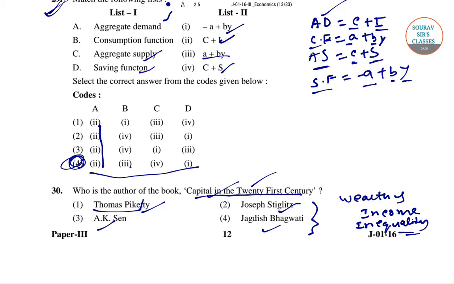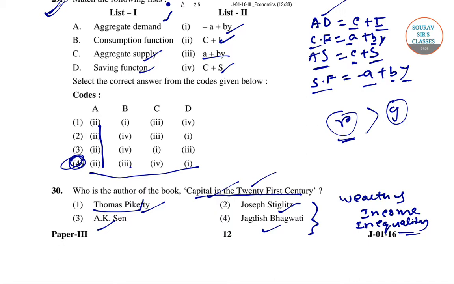Now the book's central thesis is that when the rate of return on capital, small r, is greater than the rate of economic growth, given by g, over the long term, the result is concentration of wealth. The concentration of wealth causes social and economic instability.